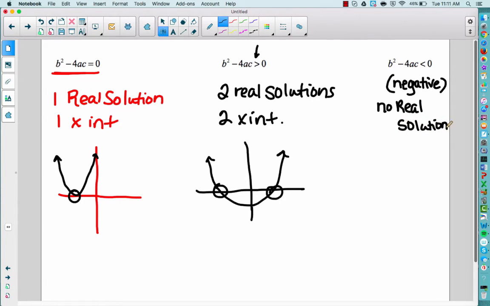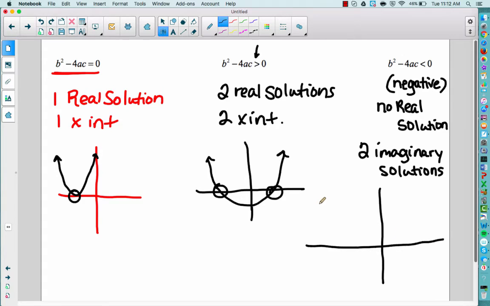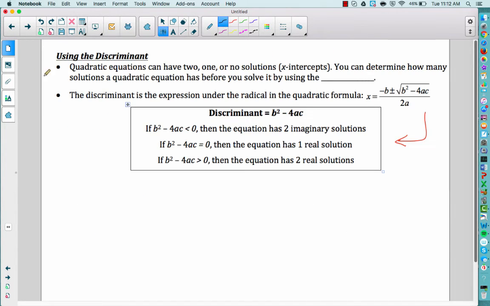And I'm going to have you write this too, but it does mean there are two imaginary, yes, imaginary solutions. Not like your imaginary friend, though. Two imaginary solutions. So the graph is going to actually just not touch the x-axis. It's going to have a vertex that's either above or below the x-axis, and we'll talk more about that as we do it.